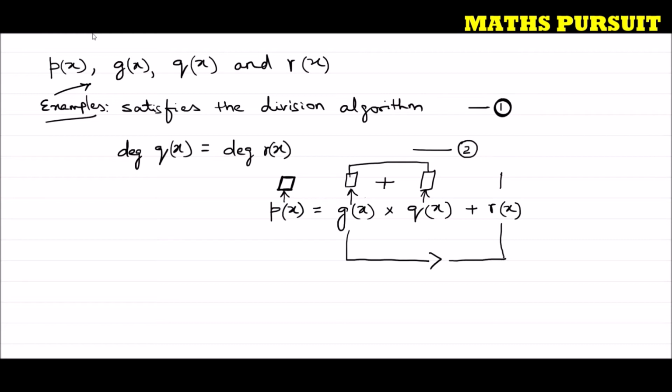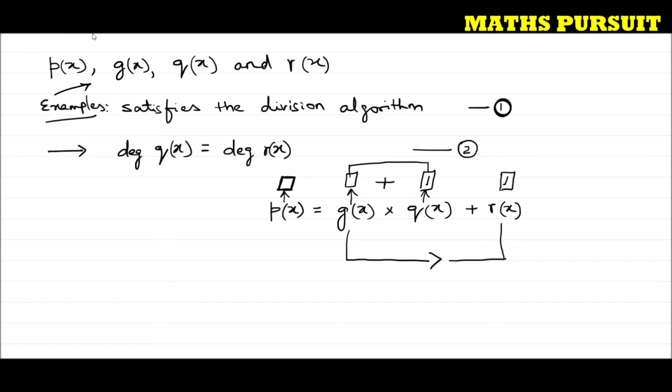Now if we consider the degree of q(x) as 1, the degree of r(x) should also be 1, because the question asked us degree of q(x) is equal to degree of r(x). So let us consider the degree of q(x) is 1 as well as the degree of r(x) is 1.